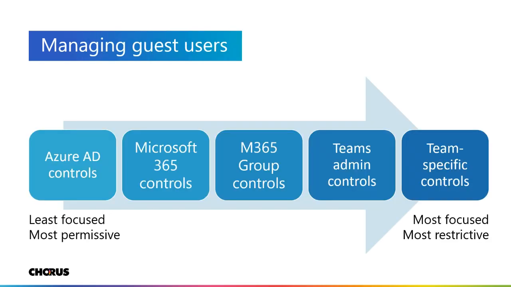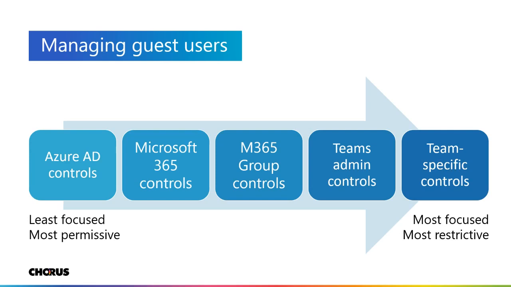So you can manage guest users in several places. In Azure AD, you've got controls on how guest users access any resources within your company. You've got the same control Microsoft 365 tenancy wide, the same control for Microsoft 365 groups, the same controls at the tenant level for Teams admin, and then you've got team-specific controls as well.